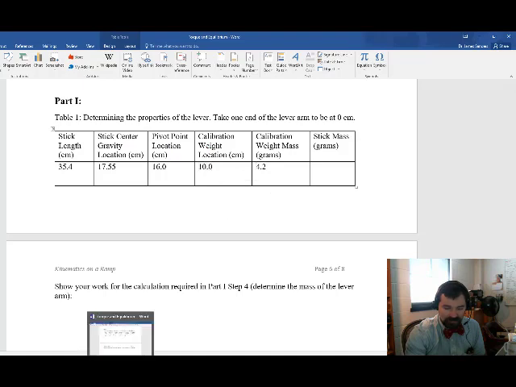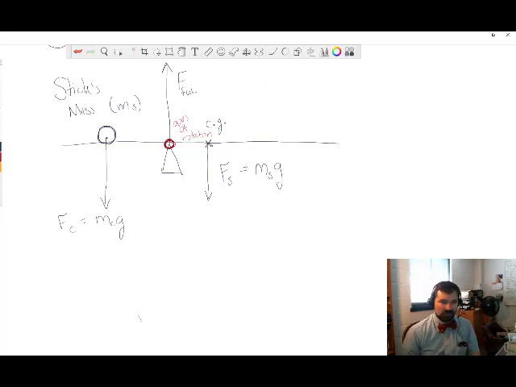Okay, so the first thing that we've got to do, now that we've picked an axis of rotation, is determine the values of r for these two. This would be r for the calibration weight. This right here would be r for the center of gravity for the stick. And this right here is basically your x equals 0 location.